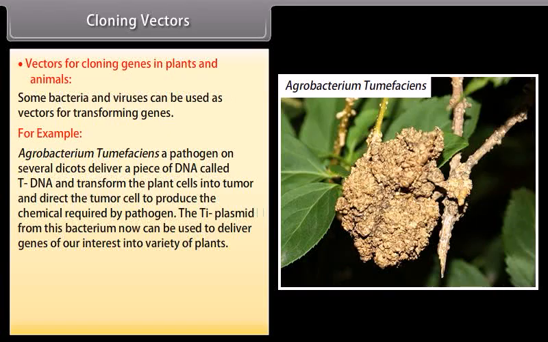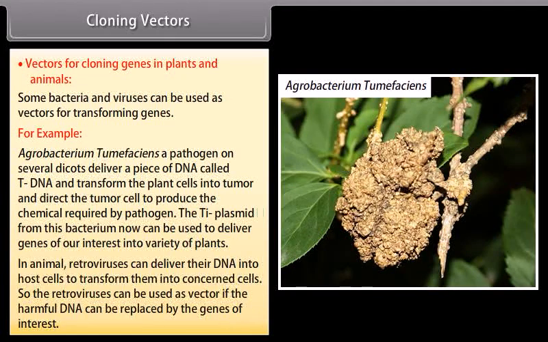The Ti plasmid from this bacterium can now be used to deliver genes of our interest into a variety of plants. In animals, retroviruses can deliver their DNA into host cells to transform them into cancerous cells. So, retroviruses can be used as vectors if the harmful DNA is replaced by the genes of interest.